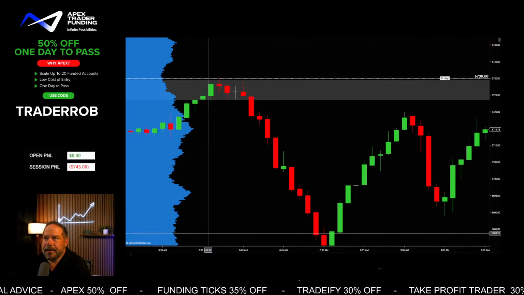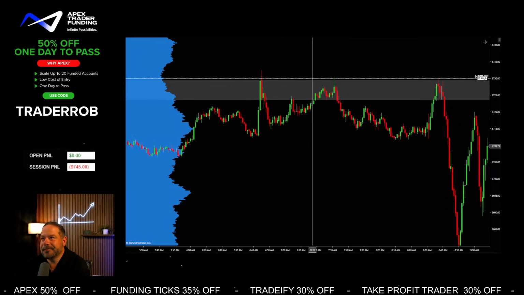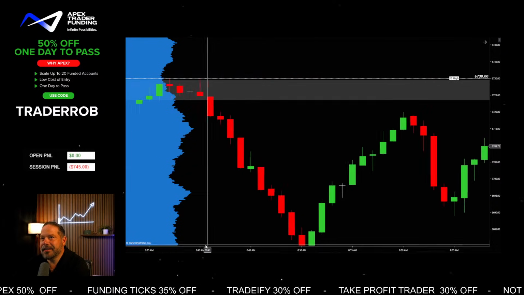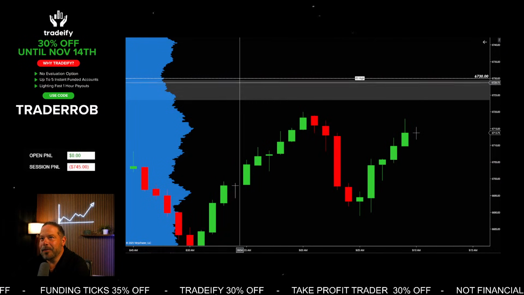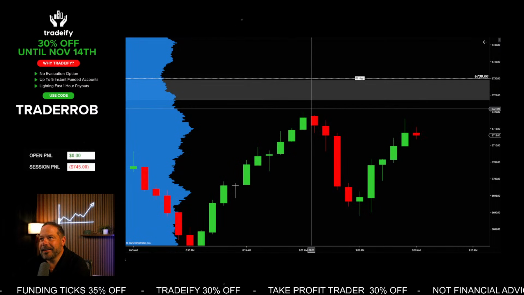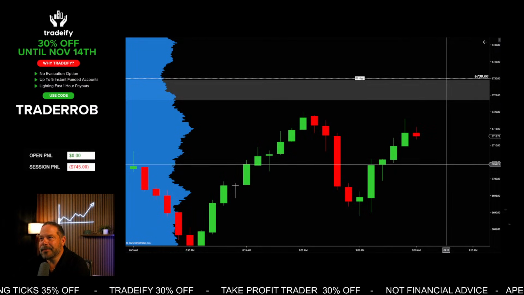We also got an area here on the ES that looks very enticing. Very, very enticing, but there's been so much business conducted right here, and again, it looks a little sweepy to me.